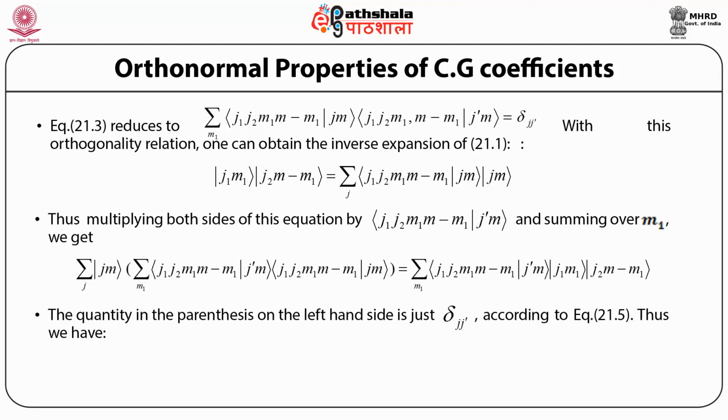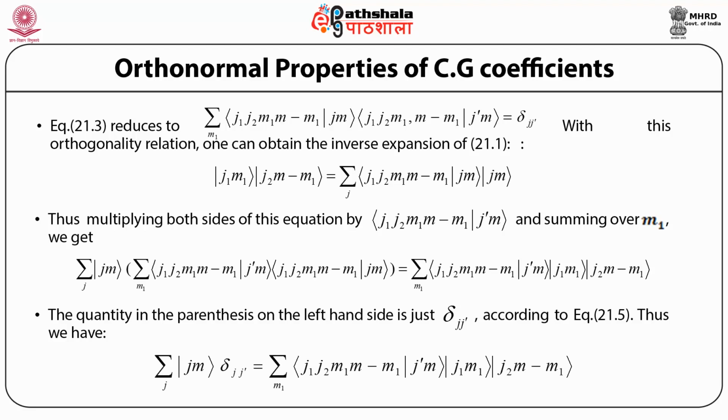The quantity in the parenthesis on the left hand side is just delta jj' according to equation 21.5. Thus we have the sum over j of |j m⟩ delta jj', which is equal to the sum over m1 of ⟨j1 j2 m1, m−m1|j' m⟩ with the vector |j1 m1, j2 m−m1⟩.